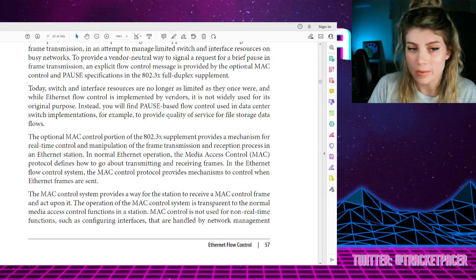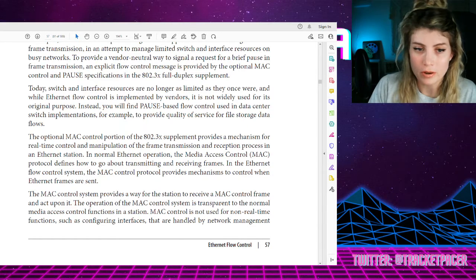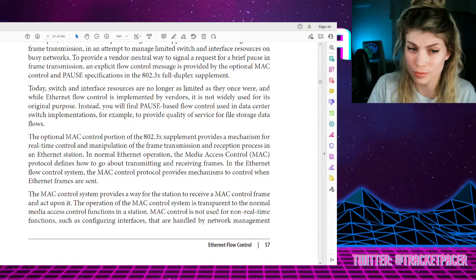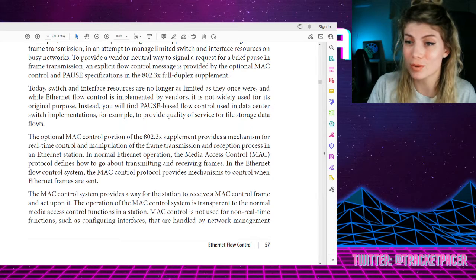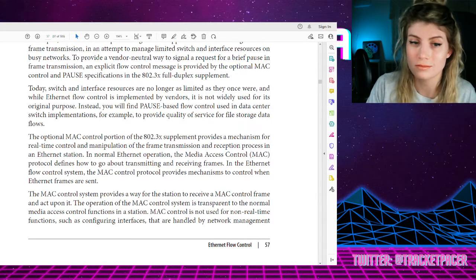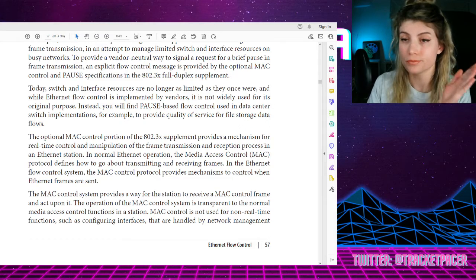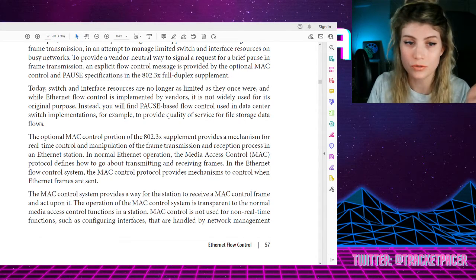Okay, to recap this last paragraph because my brain was wrapping around it. Normally with Ethernet, in typical operation, the MAC protocol defines just how you're going to transmit and receive frames. That's it. And Ethernet flow control is something we're setting apart from normal Ethernet operation. That's where the MAC control protocol provides mechanisms to control when the Ethernet frames are sent.